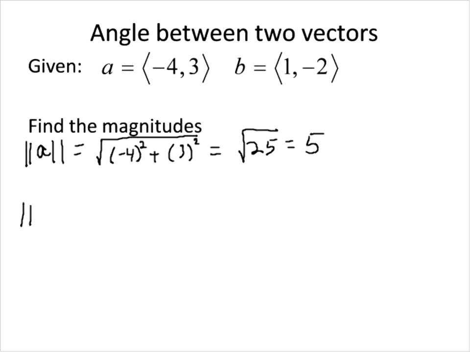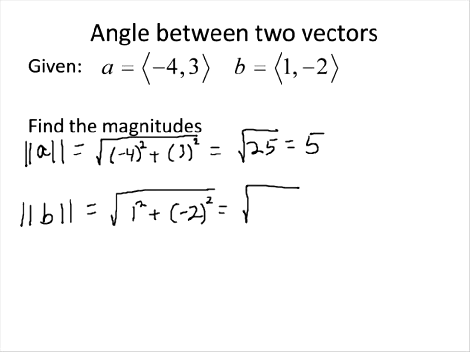The magnitude of B is going to be equal to the square root of 1 squared plus -2 squared, which is the square root of 5. So there we go. There are the two magnitudes that I need, 5 and the square root of 5.